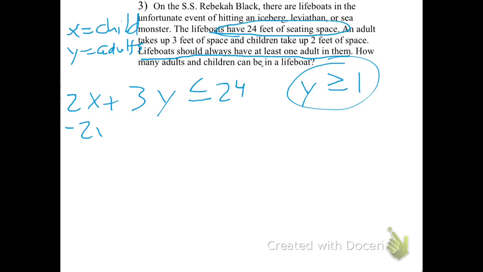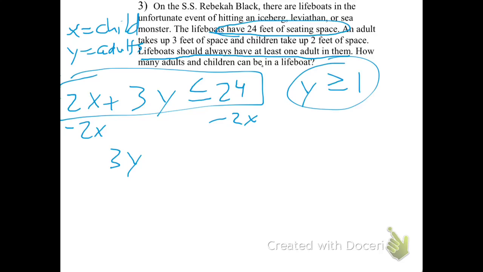Okay, we have to get it solved for y. By the way, this would be the answer to the first part, and then we're solving now so we can graph it. Subtract 2x from both sides because we're trying to get y by itself. You get 3y is less than or equal to 24 minus 2x.